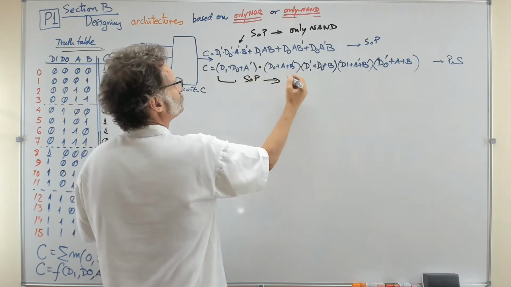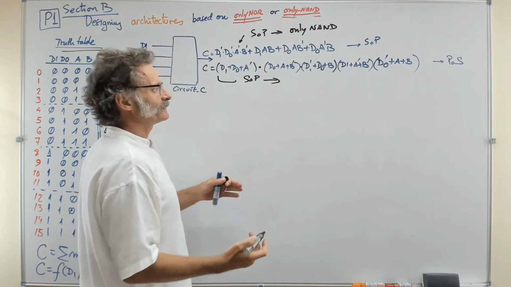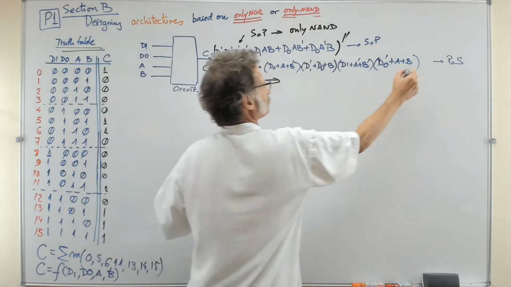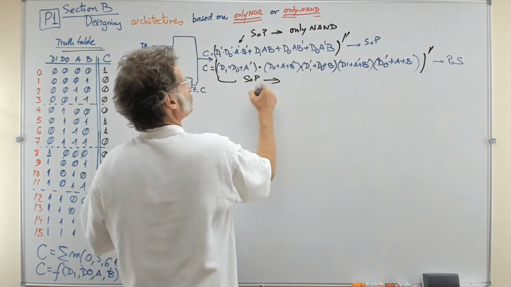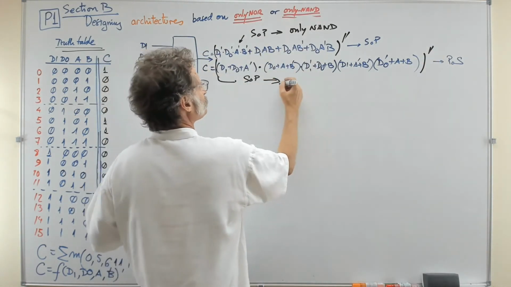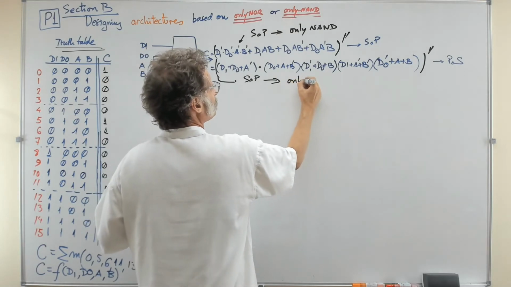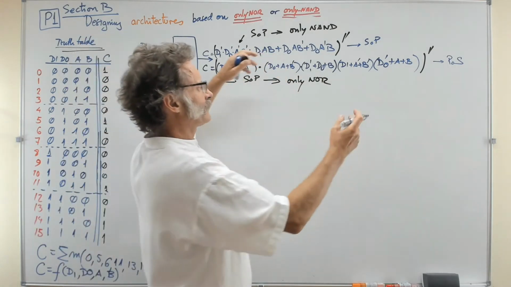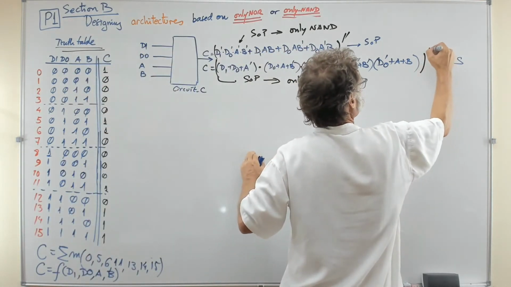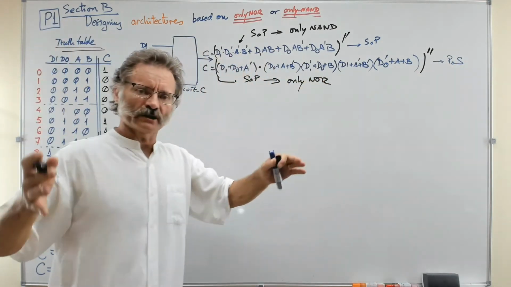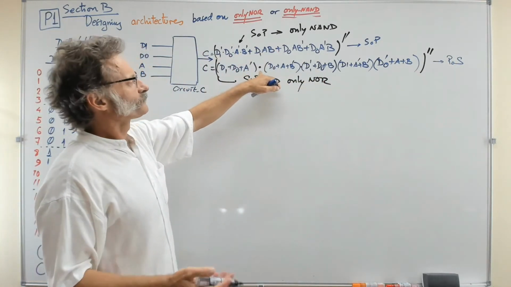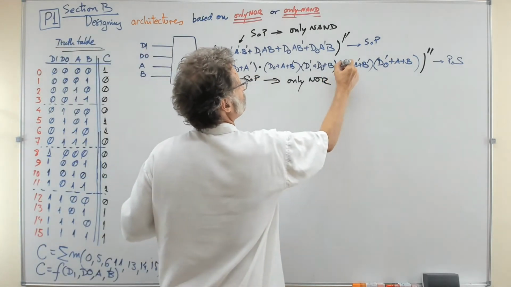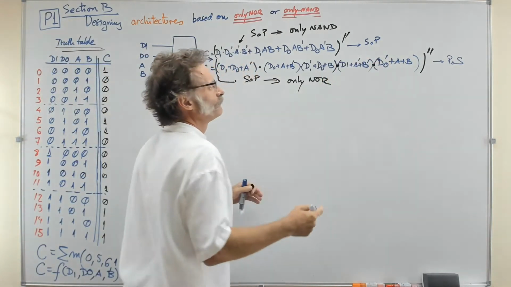So what we did is to transform directly the circuit, doing this, click, click, and doing that, what you get from this sum of products is an equation which is based on only NOR, because the second NOT is going to transform this AND into ORs.